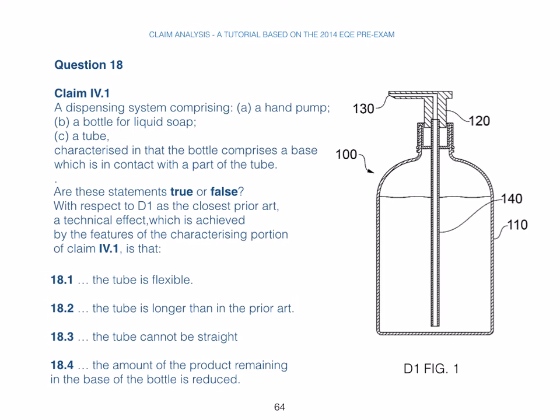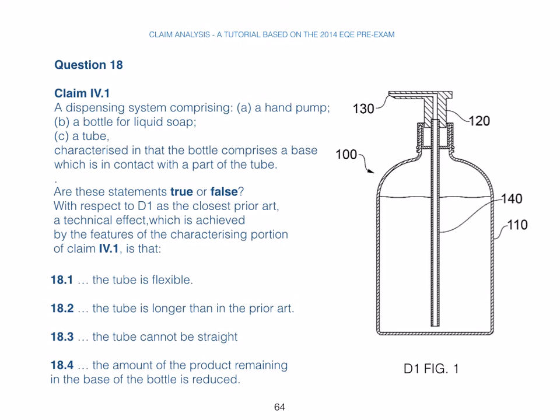And the technical effects, as the question has set out, on the one hand is what is set out in the description, and on the other hand is, are these technical effects actually achieved by the features of the claim with which they are associated? In other words, a distinguishing feature of the claim, does it actually produce this technical effect?